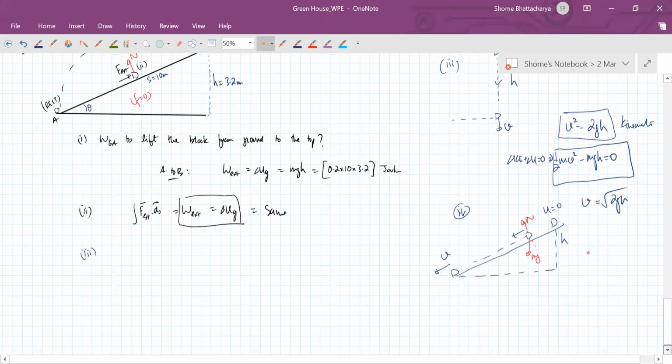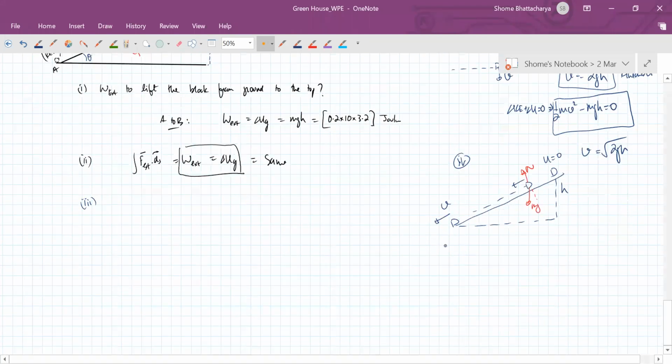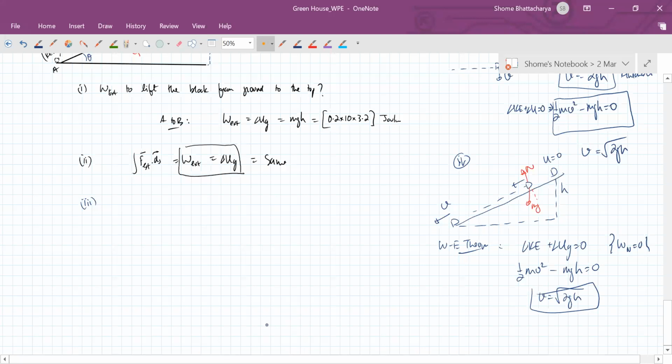So if you use the work energy theorem, you still have change in kinetic energy plus change in gravitational potential energy is zero, because work done by normal reaction is zero. So it's the same speed, only the direction of motion is different.